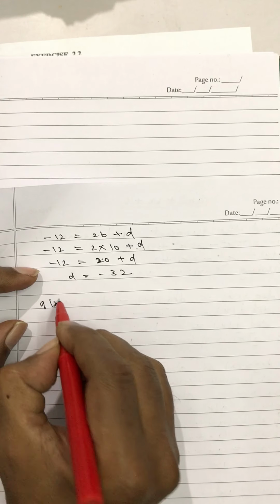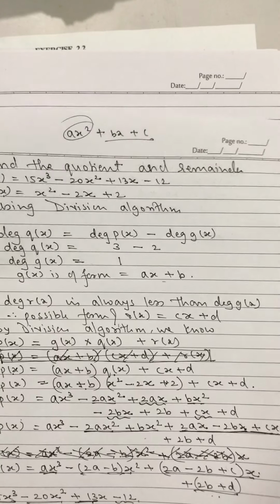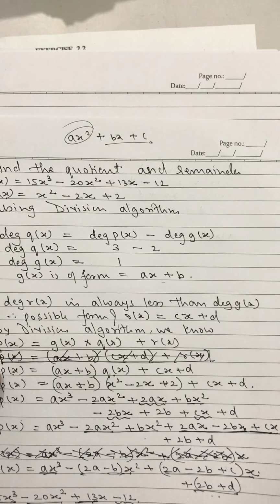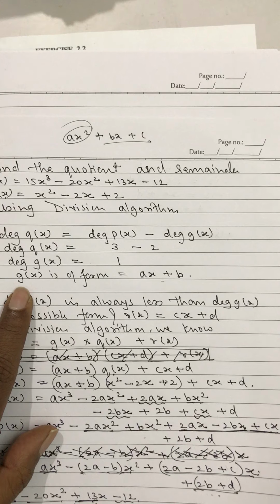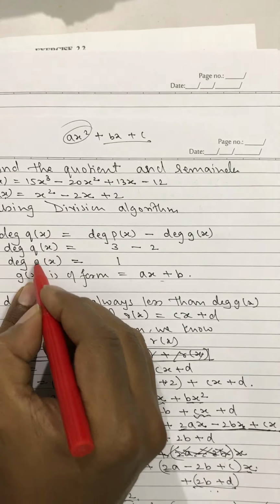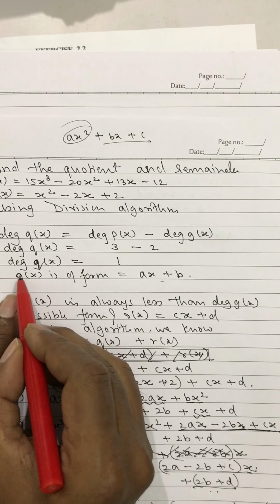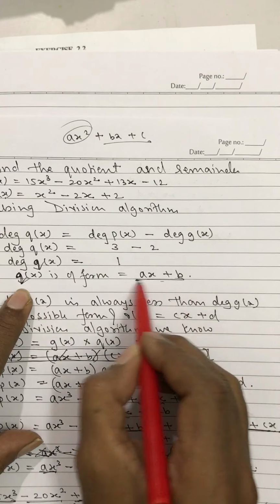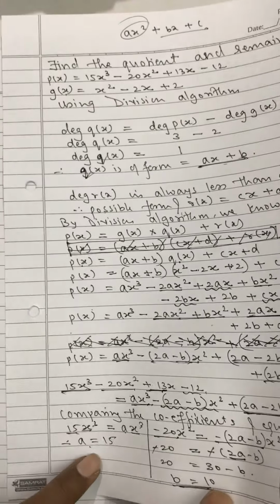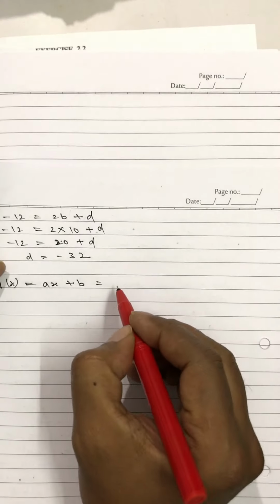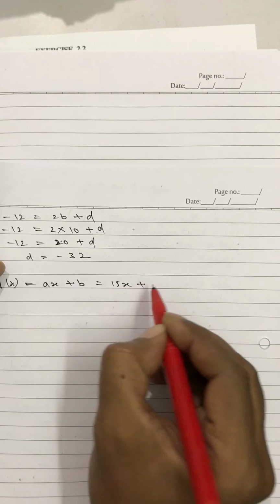And now we can frame q of x. Q of x is of the form ax plus b. A is what we have got? 15 and b is 10. 15x plus 10.